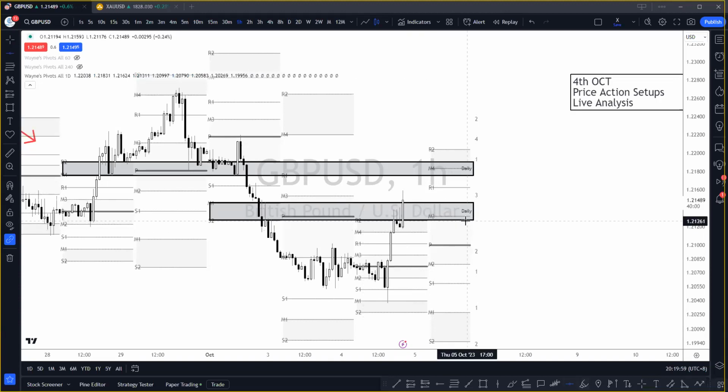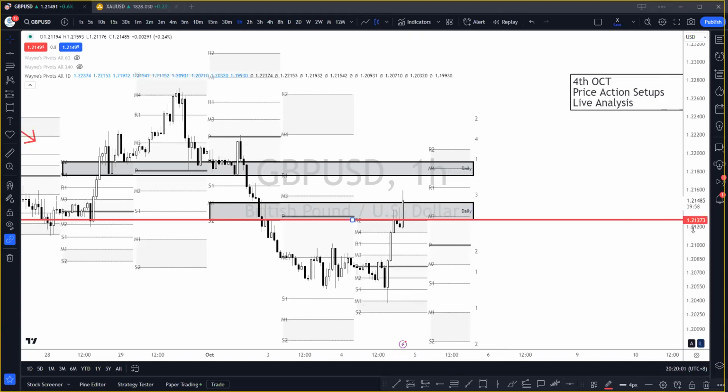So if prices maintain above 1.21273, we would flip the narrative from bearish to bullish. Till then, we are only looking for sells. And again, I can show you guys how we can actually remedy a failed sell on this chart, such that sells today will be a high probability setup.